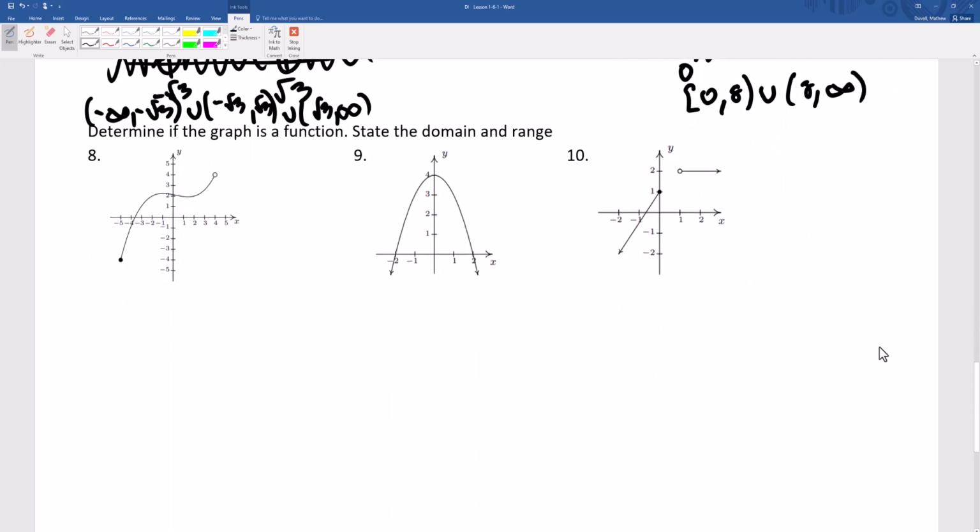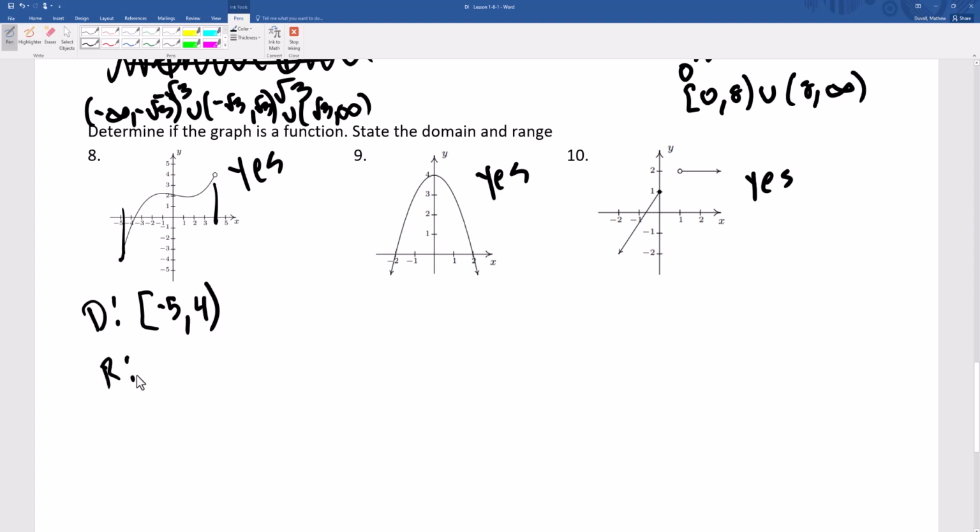And determine if the graph is a function. Yes, yes, yes. Now state the domain and range. For this one, the domain, if you project, it'll be from -5 to 4. The range looks like it's from -4 to +4.